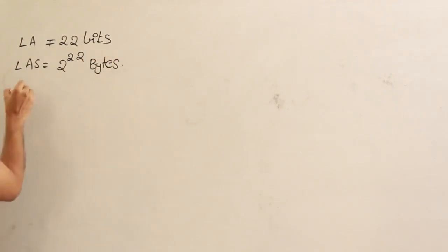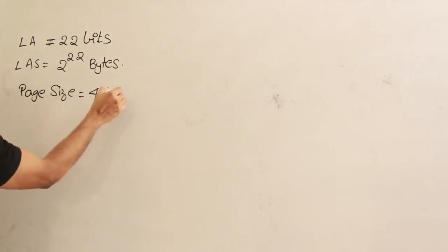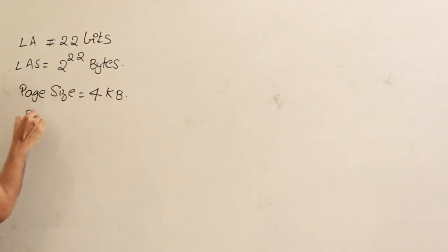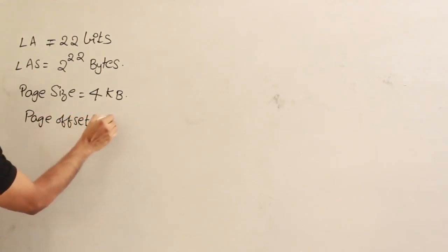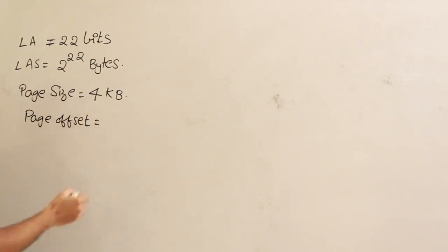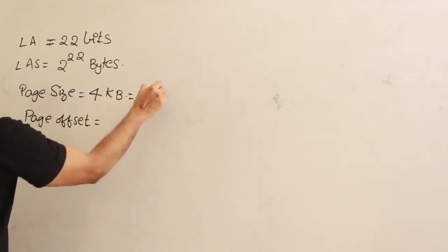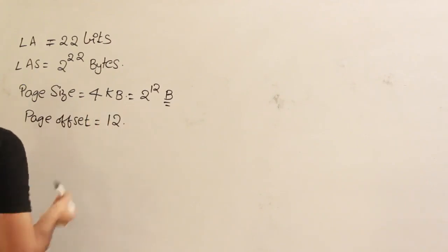Assume that page size is 4 KB. Then what is the page offset? 4 KB is 2 power 12 bytes, and assuming it is byte addressable, page offset is going to be 12 bits.